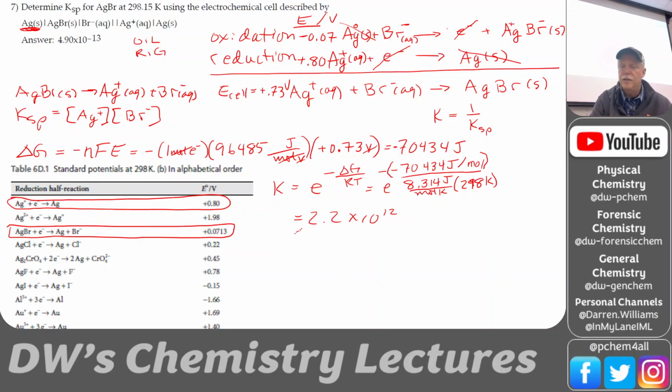So it's 2.2 times 10 to the 12th, and that's equal to K, which is also equal to 1 over KSP. So we can solve for KSP now. So it's 4.5 times 10 to the minus 13.